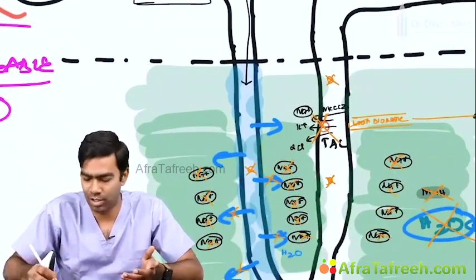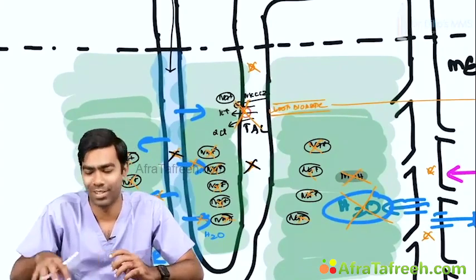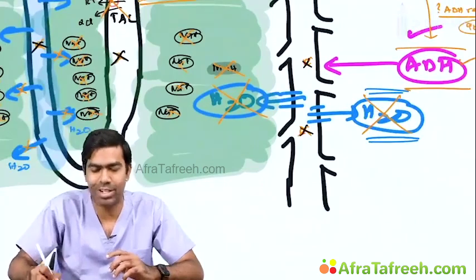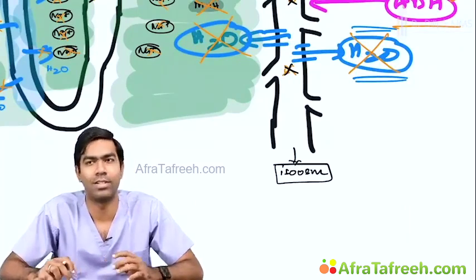Since the nephron has lost the concentrating ability and the diluting ability also, they will be passing the same isoosmolar urine. So loop diuretics produce isoosmolar urine. Very, very important point. They neither concentrate nor dilute the urine. Clear? Because you lose everything when you give loop diuretics.